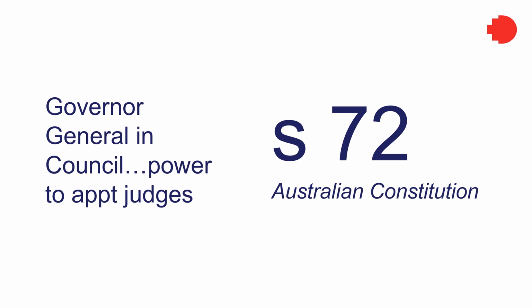So the government of the day and the cabinet makes recommendations to the Governor in Council, who then acts on them. So appointing judges is non-statutory executive power, we've already looked at that concept.